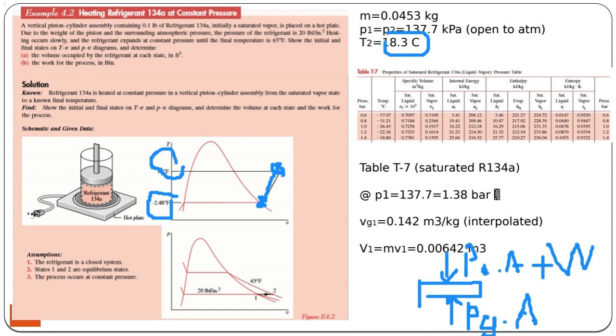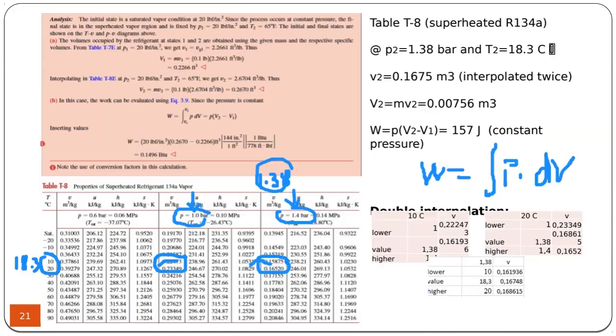The pressure goes out of the integral, so the work during the expansion is just pressure times the volume difference. So 157 joules is the amount of work done during the expansion. It's positive because the system, the gas, is doing work on the surroundings. Otherwise, it would be negative work.